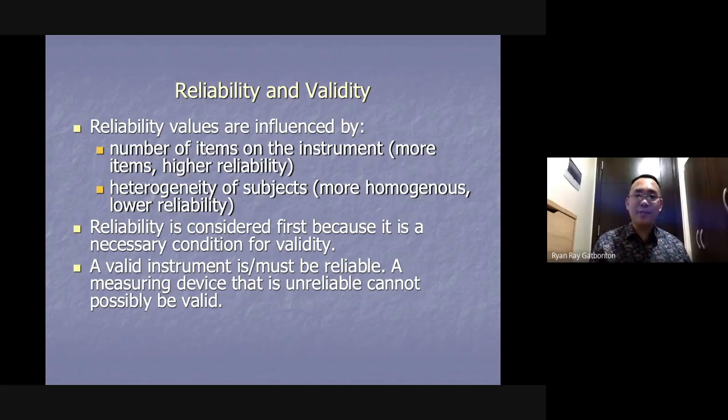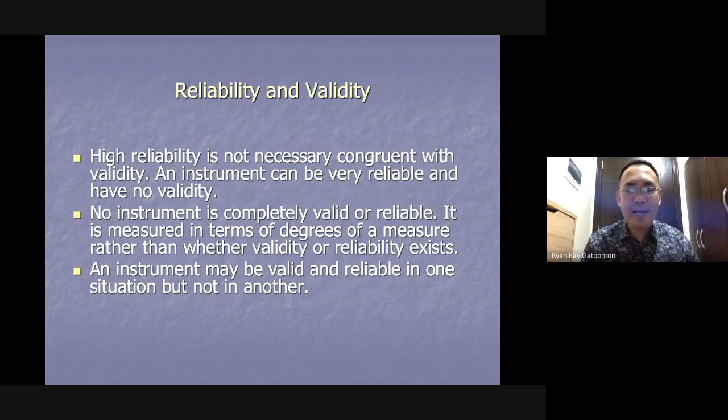Now, reliability is always considered first because it is a necessary condition for validity. Okay? So a valid instrument must be reliable, because a measuring device that is unreliable cannot possibly be valid. Yun nga lang, high reliability is not necessarily congruent with validity. We can say that an instrument can be very reliable but have no validity at all.